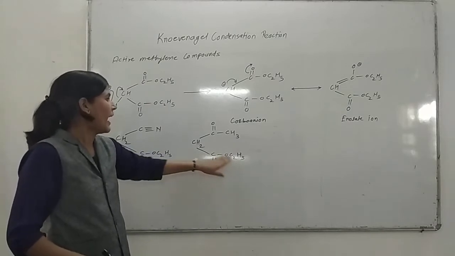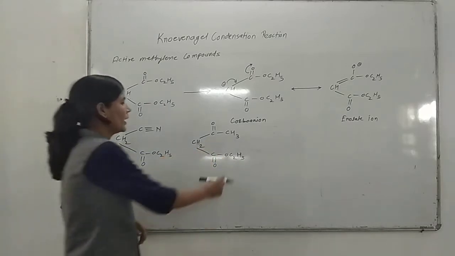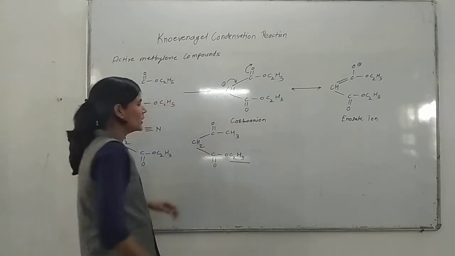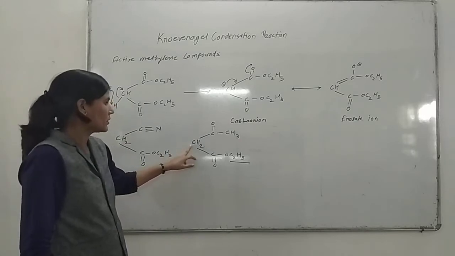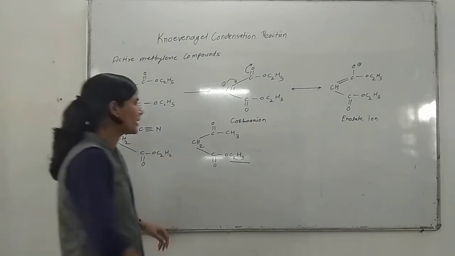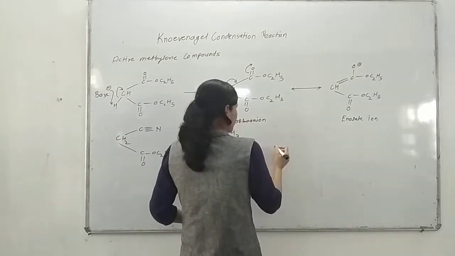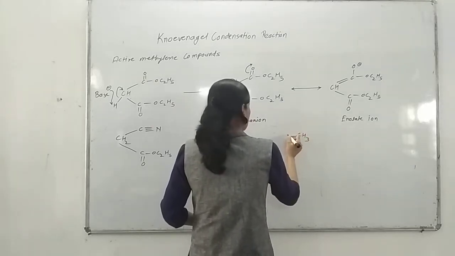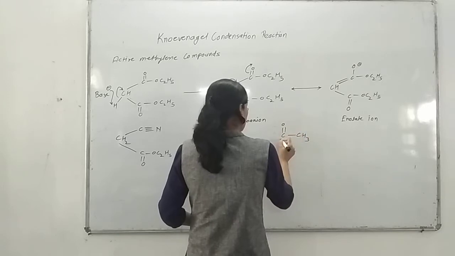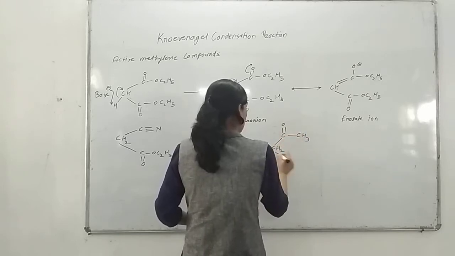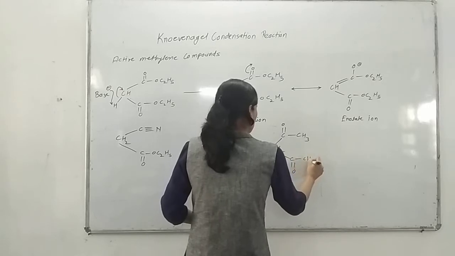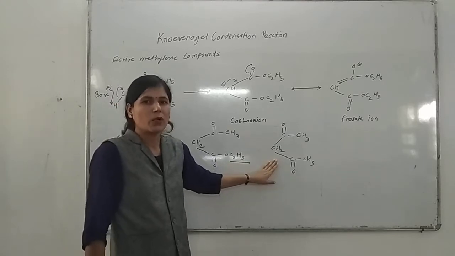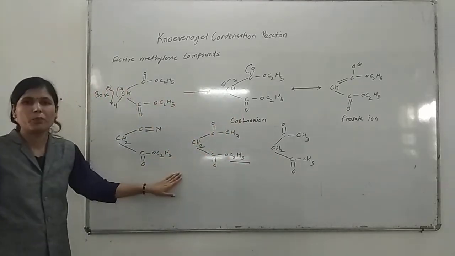This is ethyl acetoacetate, in which this active methylene group is present. Other examples include diketones, which are also examples of active methylene compounds.